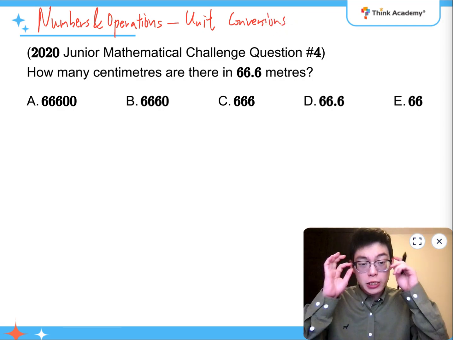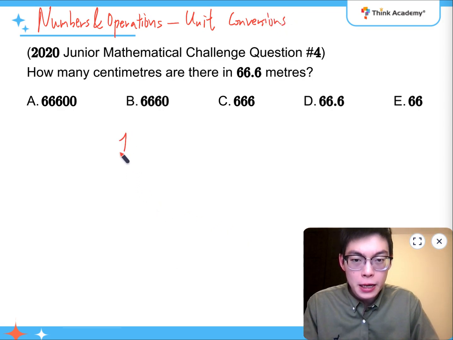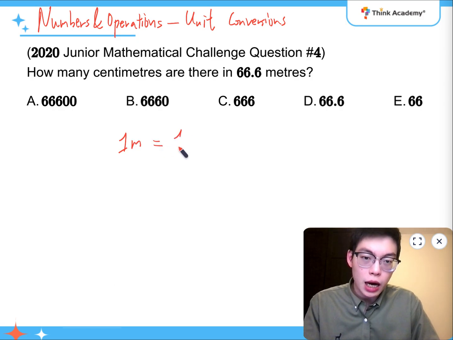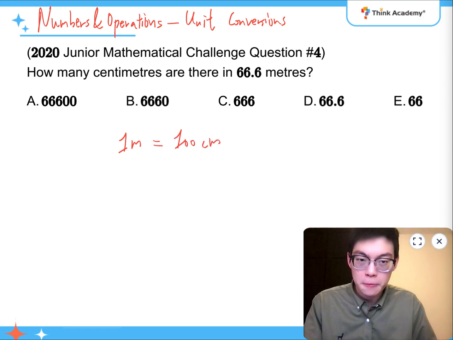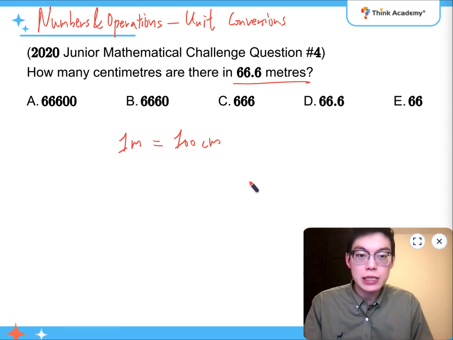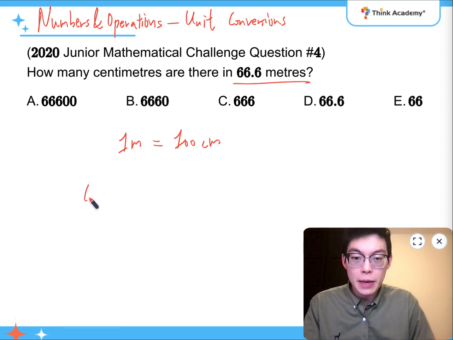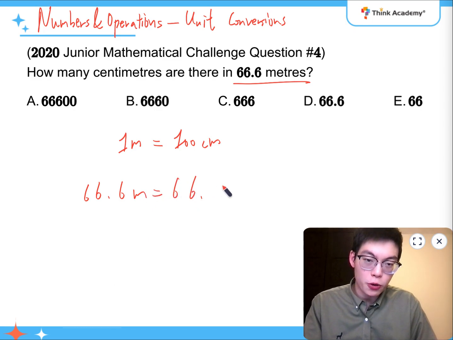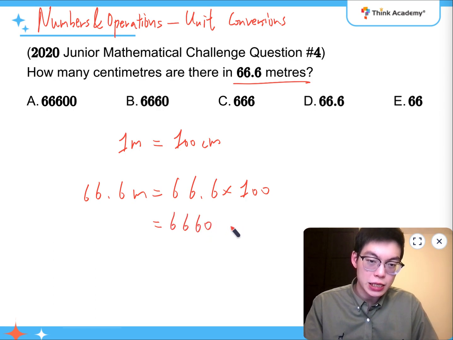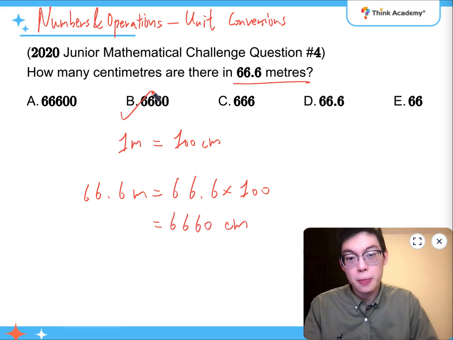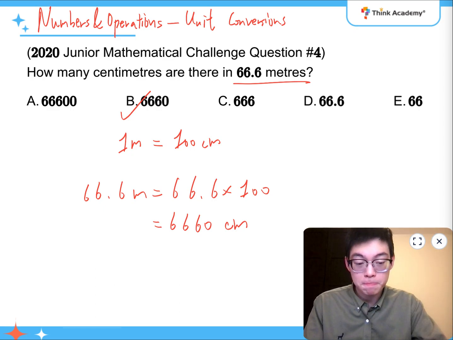So of course we need to know that 1 meter is equal to 100 centimeters. So 66.6 meters will be equal to 66.6 times 100, which is 6,660 centimeters. And the answer is B. That's it for this one.